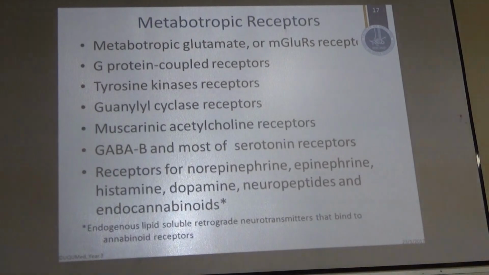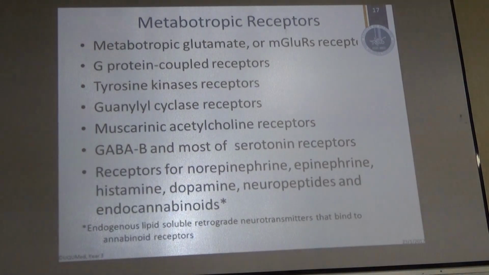Now we read it quickly. Metabotropic glutamate, or in shortcut, mGL receptors. G protein coupled receptors. These are very important proteins you will study maybe in your pharmacology about many drugs. These are present in the membrane. So these are the metabotropic. You have to remember.